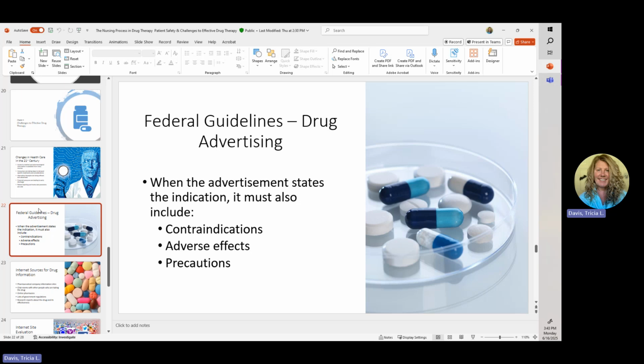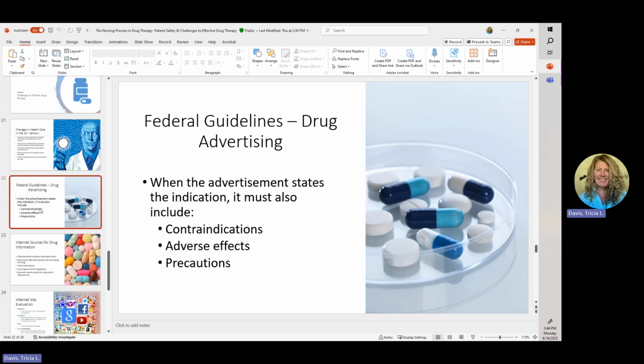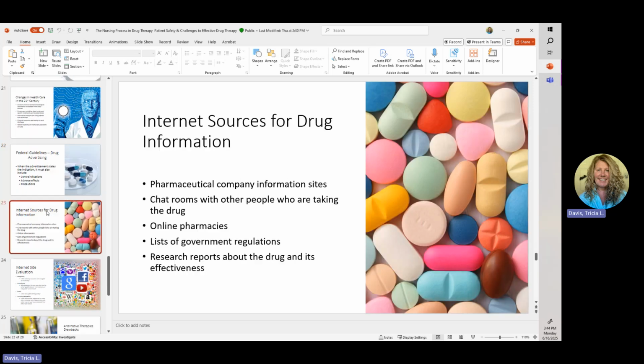If it's a GLP-1, then it is indicated for managing type 2 diabetes, okay? It also has to include any contraindications to why a person may not be able to take this medication. It has to list all of the major adverse effects that could be experienced when taking this medication and any important precautions that the patient would want to follow.